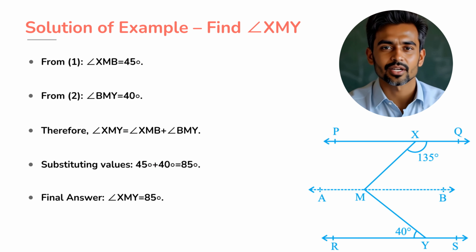From equation 1, angle XMB equals 45 degrees. From equation 2, angle BMY equals 40 degrees. So, angle XMY equals angle XMB plus angle BMY. That is 45 degrees plus 40 degrees, which equals 85 degrees. Therefore, the final answer is angle XMY equals 85 degrees.